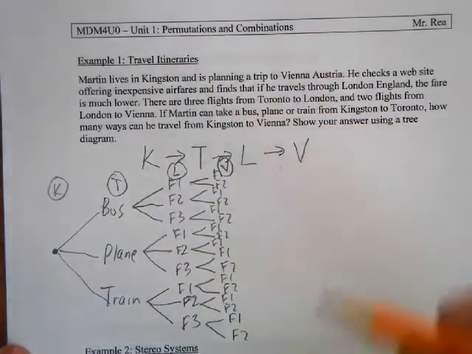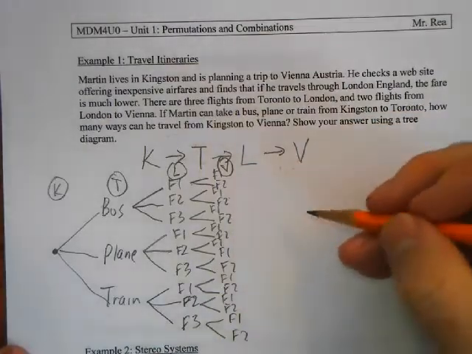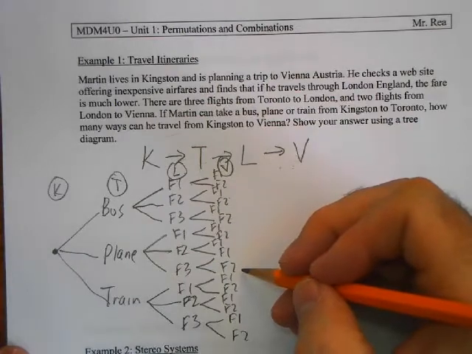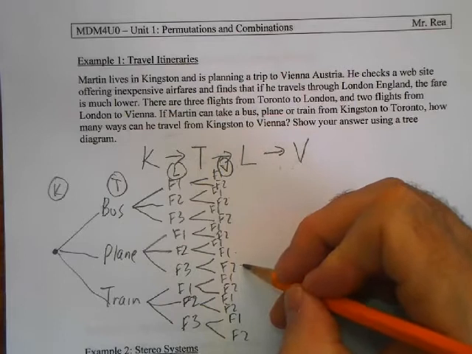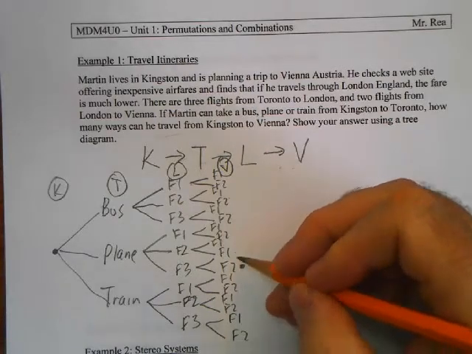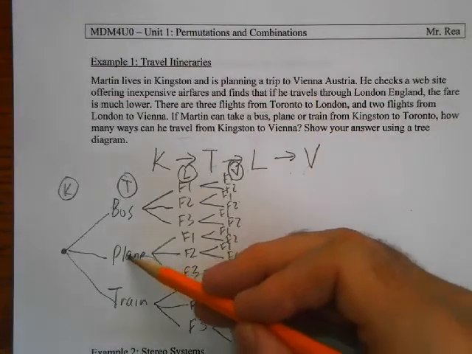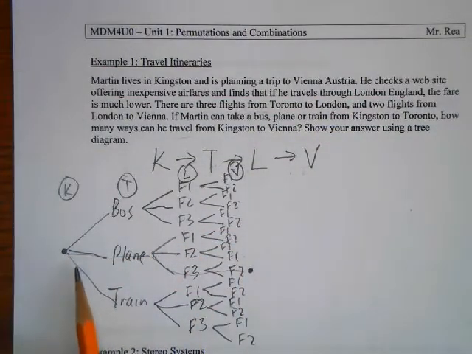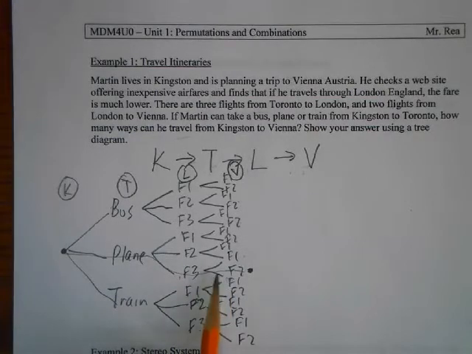If I look at each one of these end branches, that represents one way of getting from Kingston to Vienna. For example, if I follow this path, it says that Martin took a plane to Toronto, then the third flight option from Toronto to London, and the second flight option from London to Vienna.